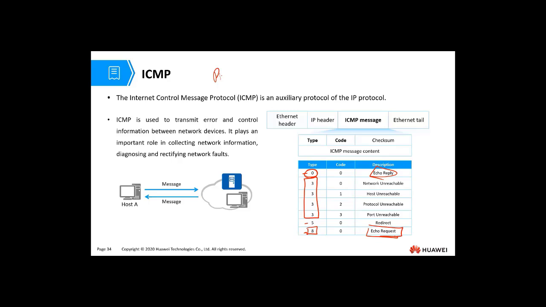So when you do ping 1.1.1.1, your host, the sender, will send an echo request to the receiver. You will send a type 8 message with code 0, an echo request. The receiver, on receiving, will send an echo reply, a type 0 with code 0.